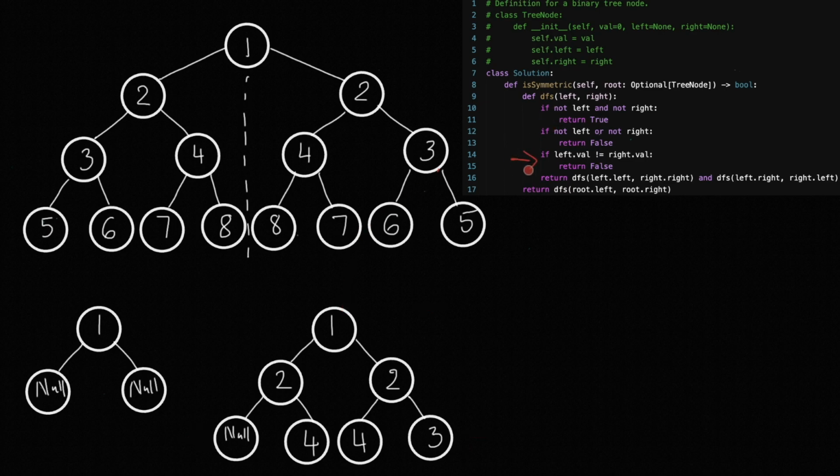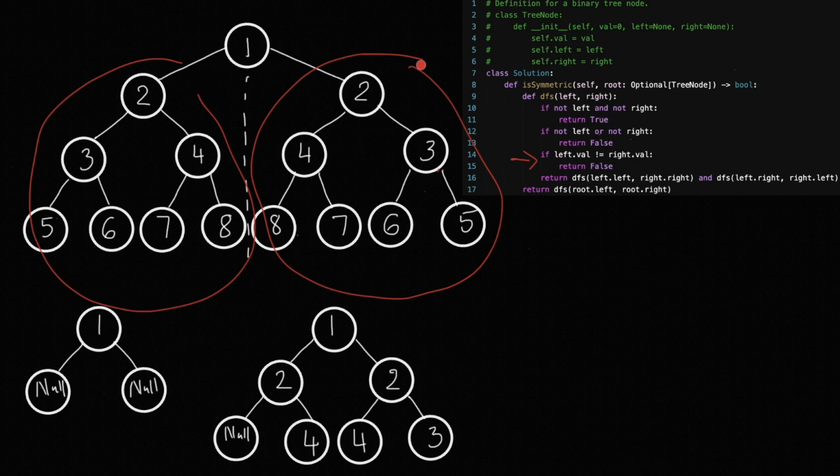How about the third if condition? Now, let's go back to the big tree. For a tree to be symmetric, first, when comparing the two subtrees, the parents of each subtree have to be equal. So now we're checking for that. This is the left subtree, this is the right subtree.